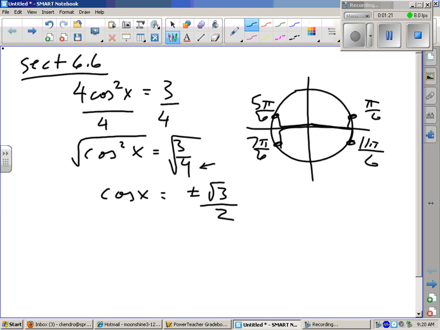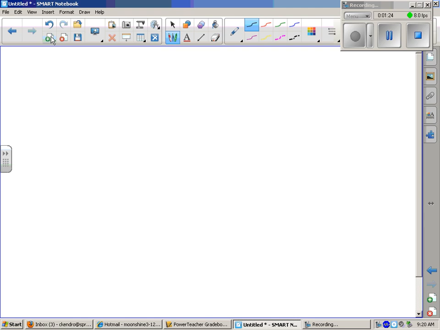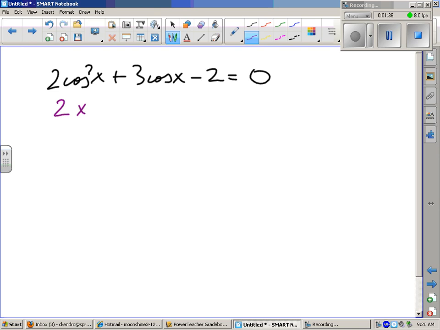Okay, let's try another one. What if I have 2 cosine squared plus 3 cosine minus 2? All right, let's look at that in the algebra realm here: 2x squared plus 3x minus 2. What would you do to solve that one? Well, hopefully you know to either factor or use the quadratic formula. Let's factor first, 2x and x.